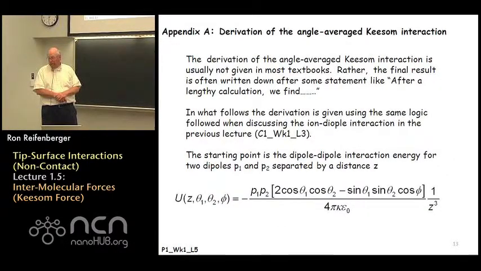I think that's all I have time to talk about right now for these Debye and Keesom interactions. The Debye interaction is reasonably straightforward if you think it through. The arithmetic isn't too terribly complicated. The Keesom interaction involves a few pages of algebra.